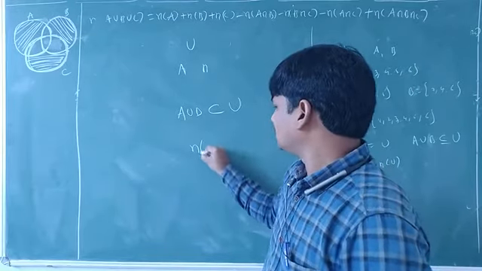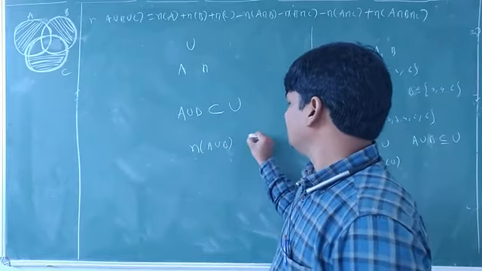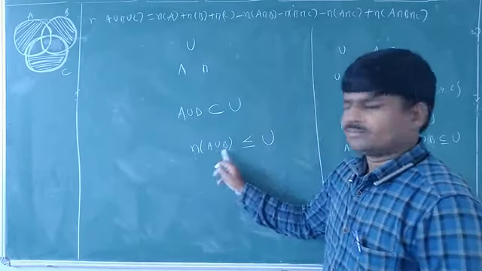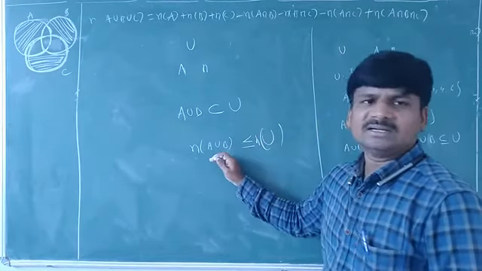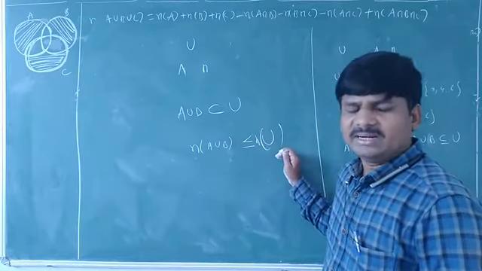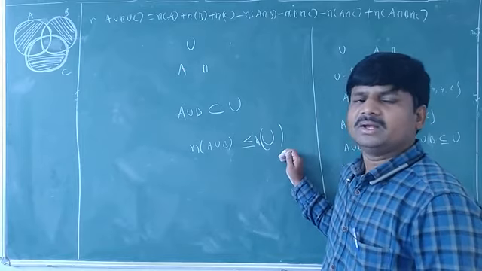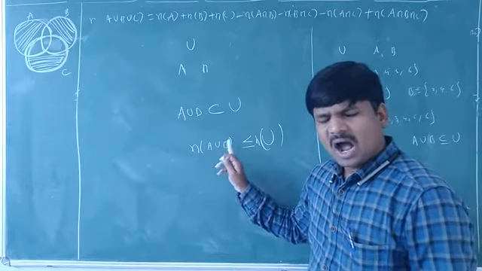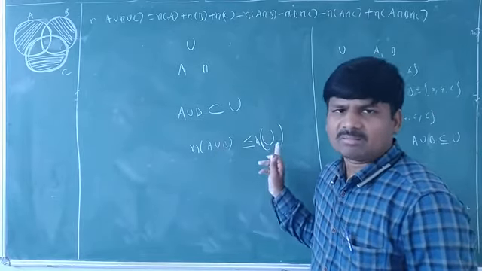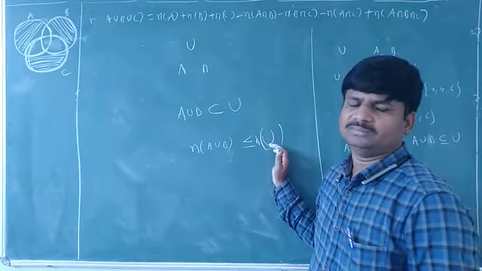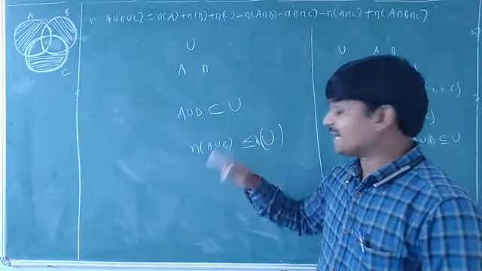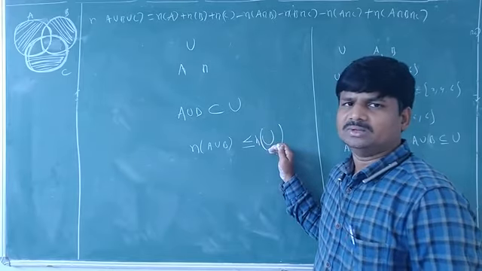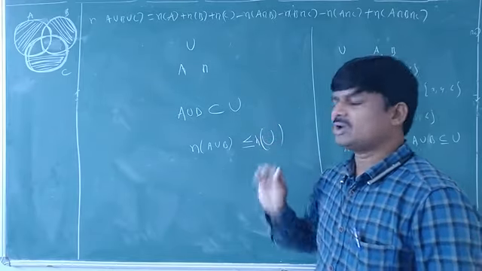That means the number of A union B may be less than or equal to U. A union B elements do not exceed the elements in U. Remember, all elements in A union B may be equal to the number of U, or may be less than the number of U, but it does not exceed U. Okay, remember. So you have to remember these concepts.